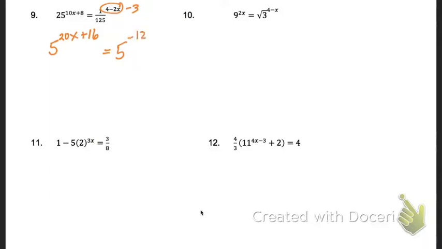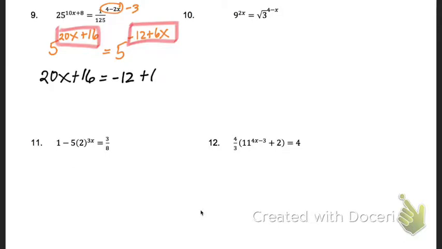So -12, not 12x, -12 plus 6x. And I set my exponents equal to each other. So x equals -2.